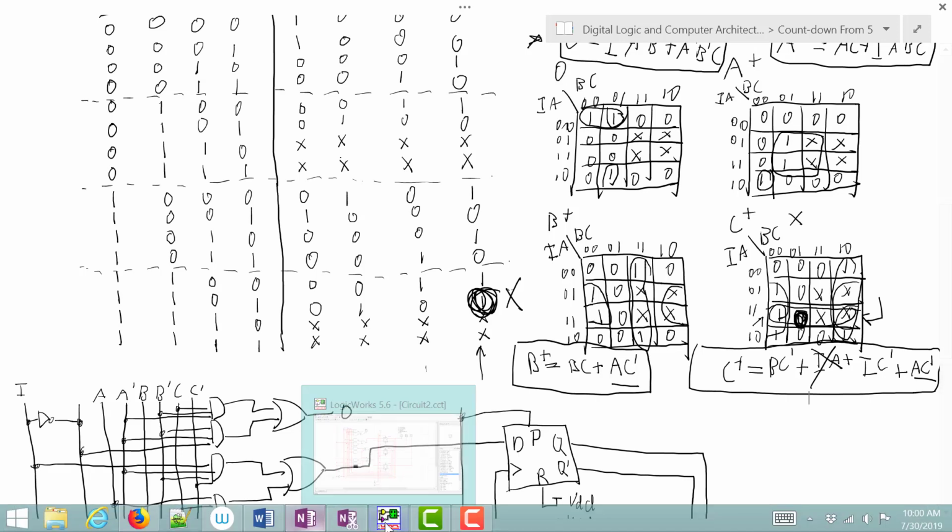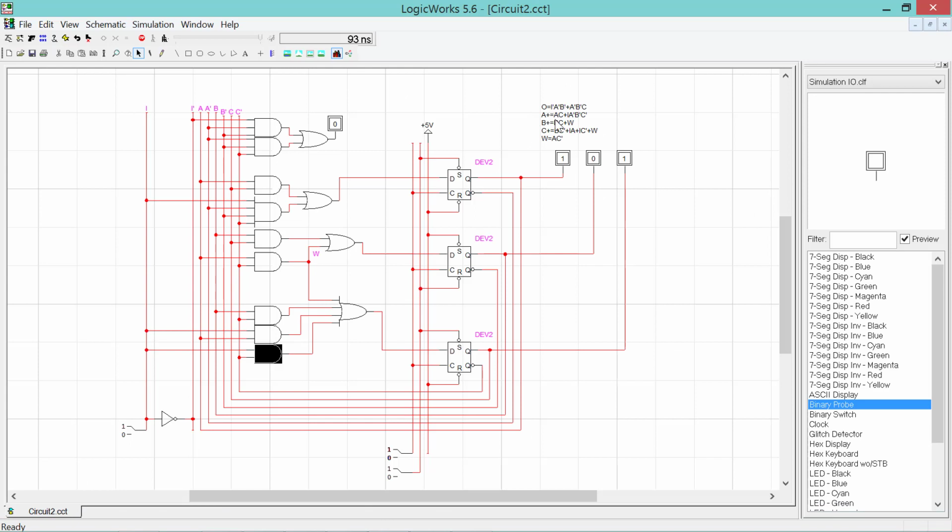We can go to our simulator. Let us modify our equation, remove IA, and then IA is this AND gate here. I ANDed with A right here.